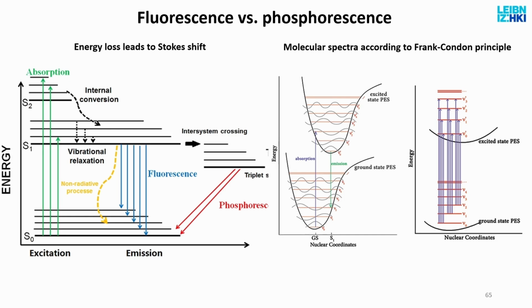You go from base level to excited level, relax a bit, jump back. But since we have sublevels, the electron can go from here to here, or from here to here, or from here to here, and so on and so forth. So there is not only one energy that this system can absorb, but a range of energies.